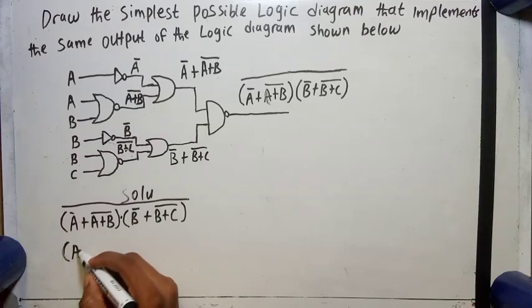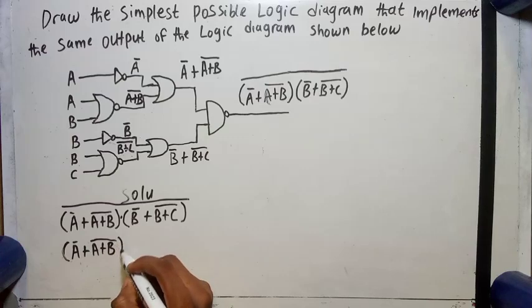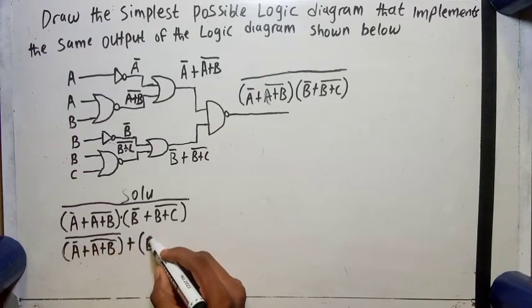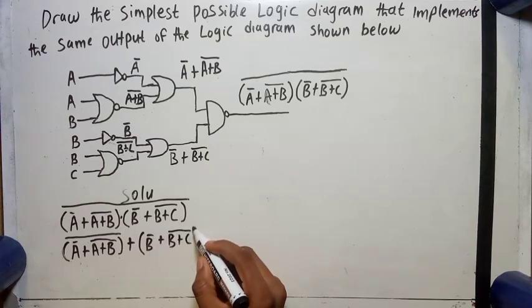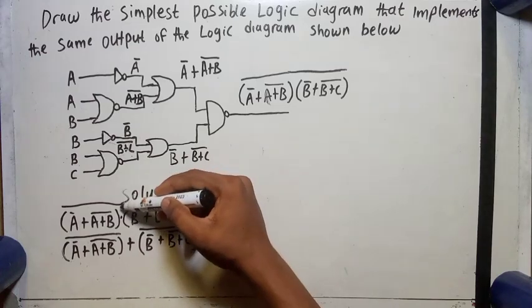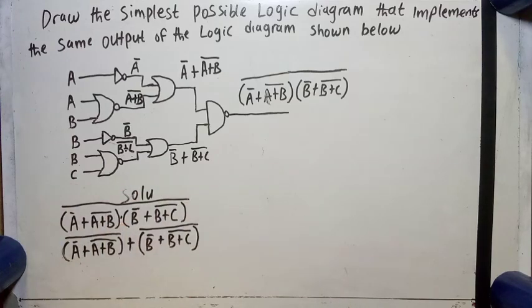So we're going to be having A bar plus A bar, A plus B all bar, plus B bar plus B plus C all bar. For us to split this complement, the sign will change. Now, moving over to the next one, we can also split again for these two.